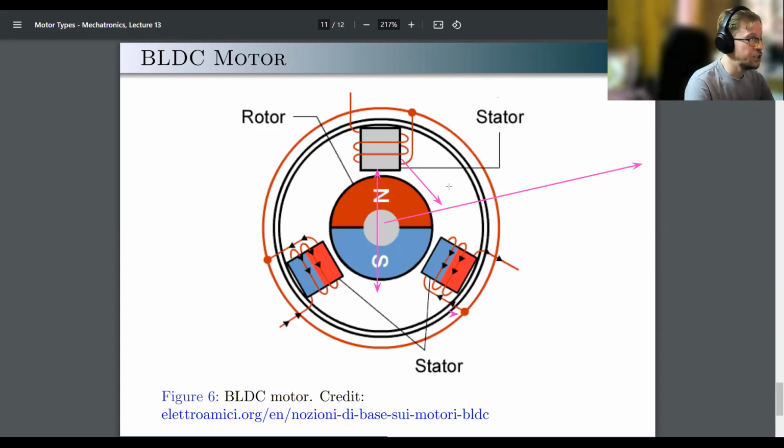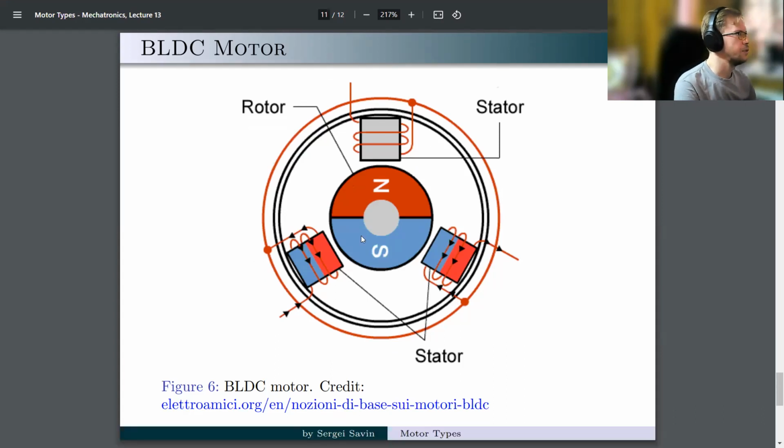Now, in which direction you generate the magnetic field, you have to decide. And here comes the interesting part of it. You cannot do it at random.